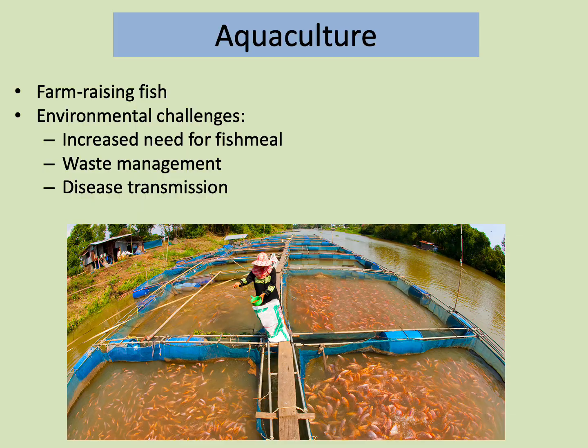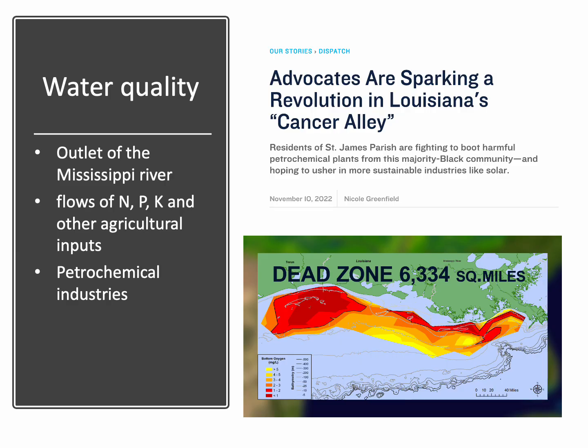This dead zone south of Louisiana has come up a couple times in this class, and it will really come up in most classes on agriculture or water quality. The Mississippi River is the largest watershed in the U.S., and a watershed is the area drained by a river and its tributaries.